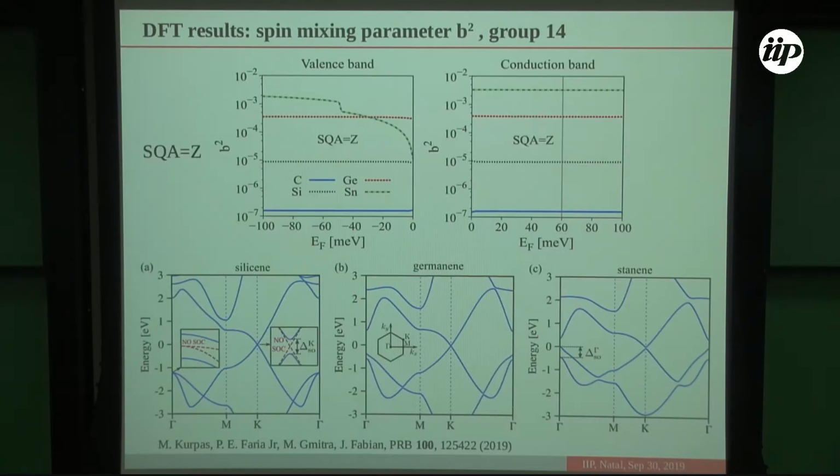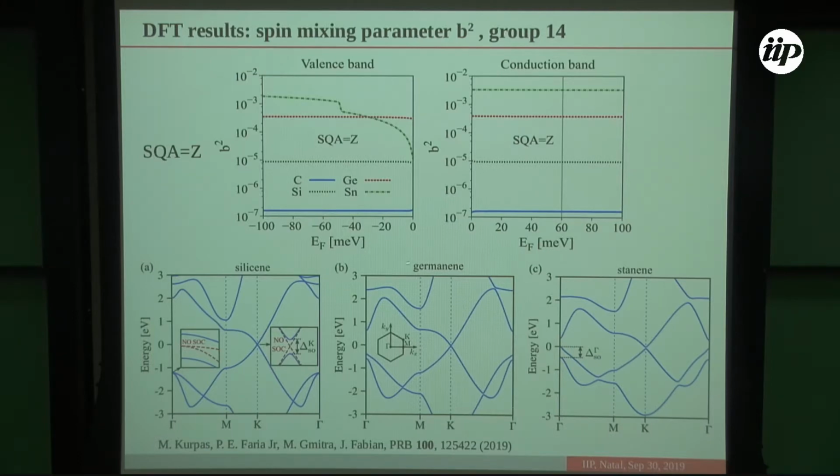Okay, so we also calculated the spin mixing parameter. What I'm plotting here is the Fermi surface average spin mixing parameter versus the Fermi level, measured from the top of the valence band here and from the bottom of the conduction band. And the spin quantization axis is along Z, so we inject spins being out of plane to the graphene lattice.